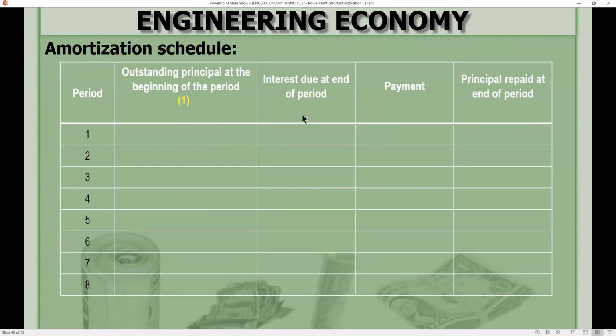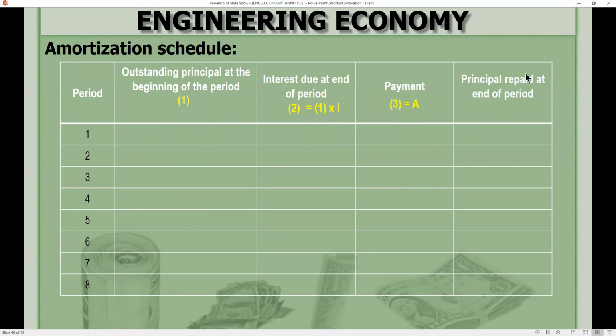Okay. So, let's denote this one as column 1. Column 2 is interest due at the end of the period. So, this is actually the value in column 1 times the rate of interest. And then, the quarterly payment is your annuity.